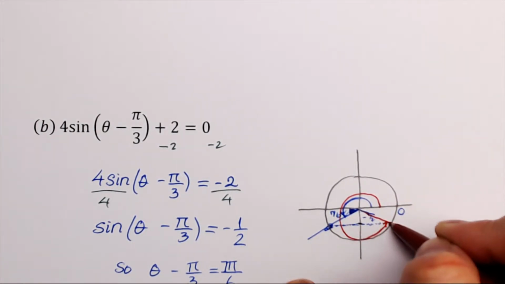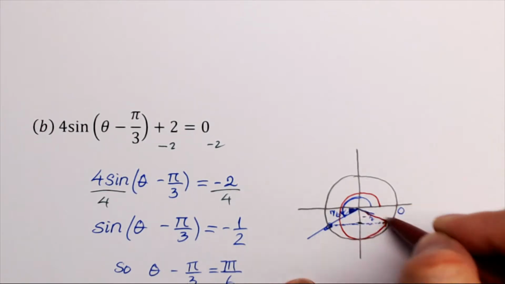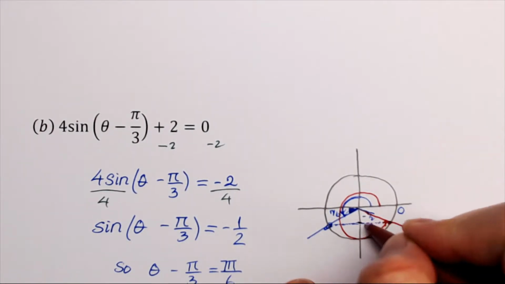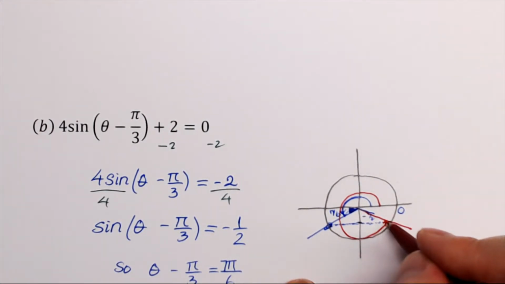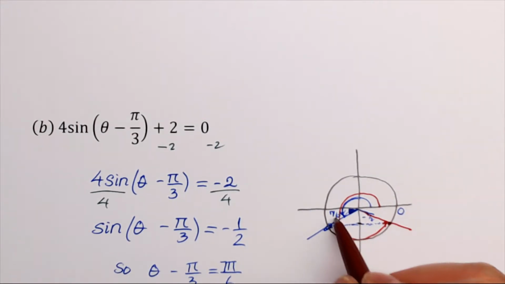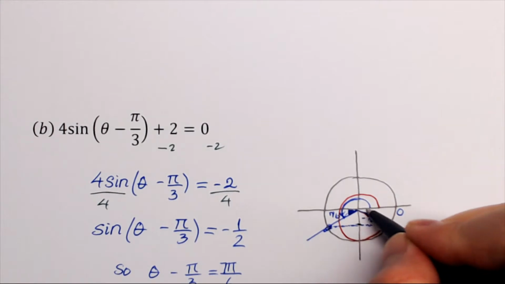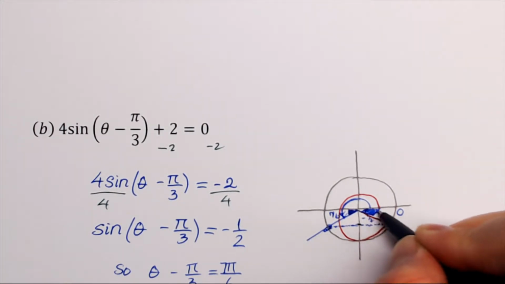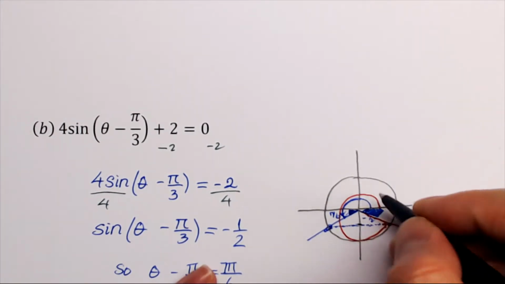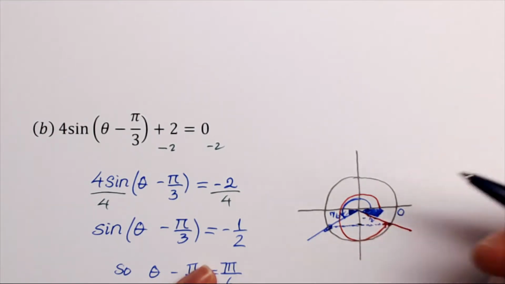And then we will have another angle here. Because when we go around, we get back to this point where we have the same x values. So if this is pi over 6, this is negative pi over 6. And we take 2 pi away from it.